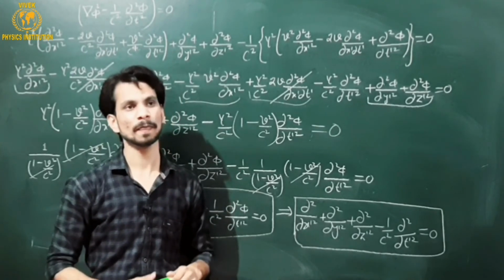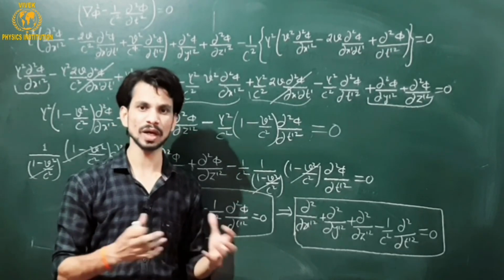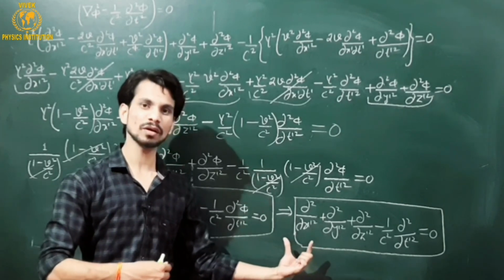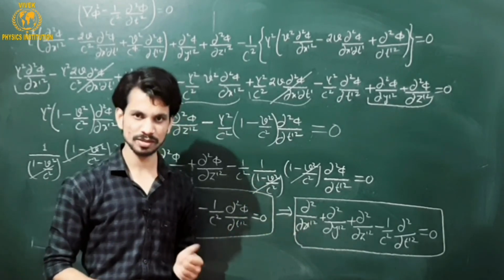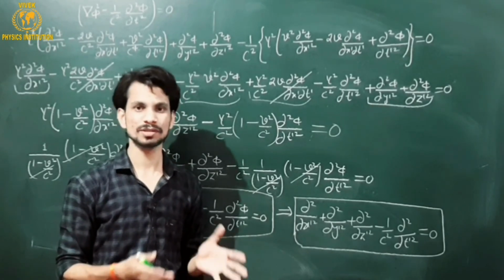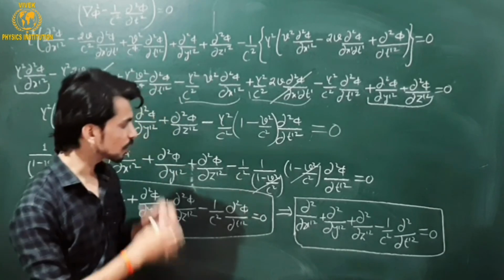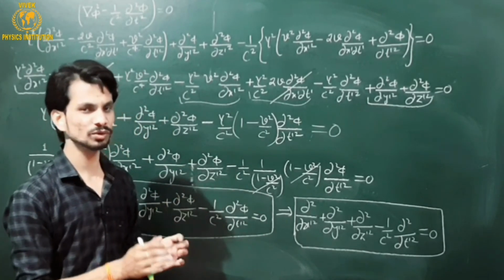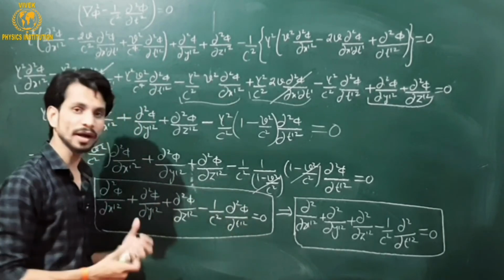So if you are taking physics as an optional in the civil services examination, the covariance of the wave equation under the Lorentz transformation is generally asked. From the civil services perspective, this article is very important, so go through the complete derivation of this equation, and revise this long article-type question again and again.